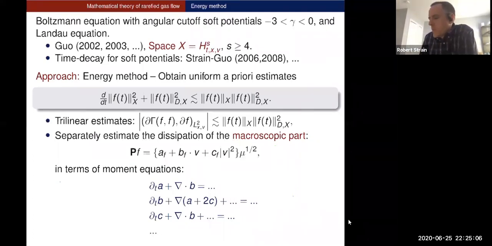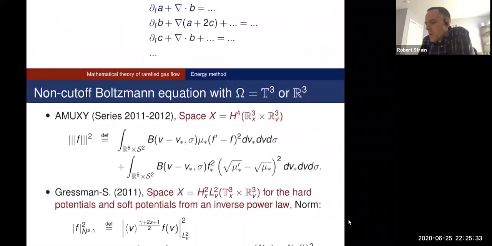So this P of F is the fluid variables, so you can project the solution into the fluid variables A, B, and C, and then you can derive moment or macroscopic equations for these variables, and they have nice estimates that you can understand. And so these were the approaches to these theorems.